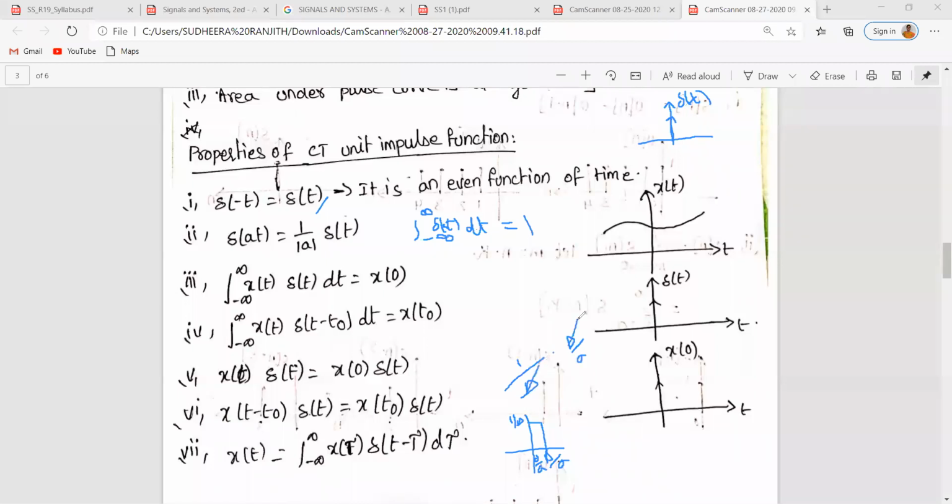Delta delta cancel and 1 by a comes. So delta of at is equal to 1 by a into delta of t. That is how we support this one.